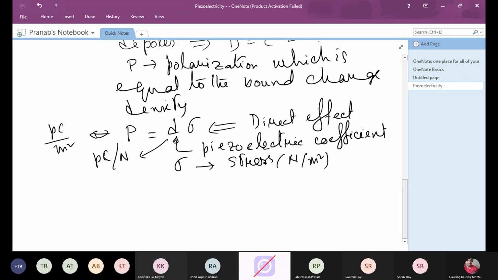So the reverse effect, reverse piezoelectric effect, we will have, oh, again I am using another epsilon. So this is again strain.